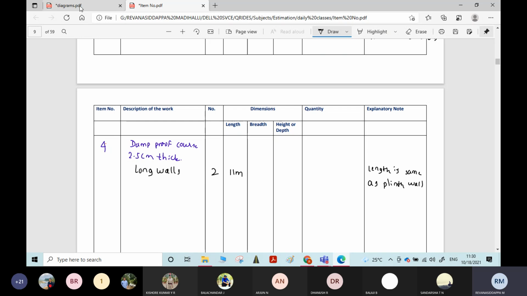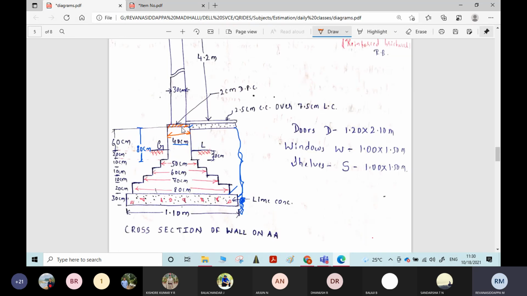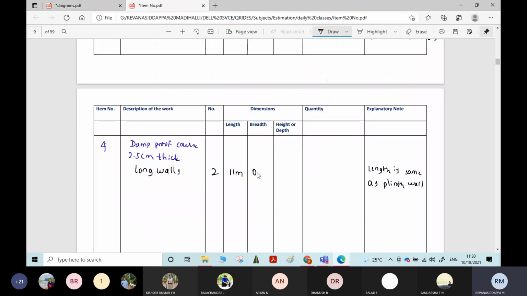Width of the DPC is 40 centimeter only, equal to the width of the plinth wall, 0.4 meter. What about the height, students? Height we should not consider. Why? Because the DPC is measured in terms of square meter, not cubic meter.